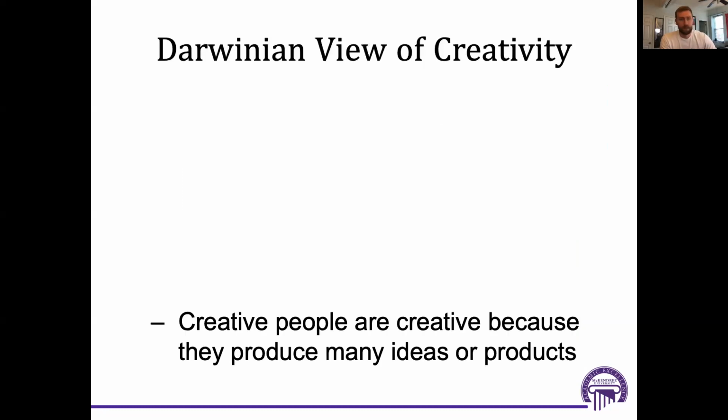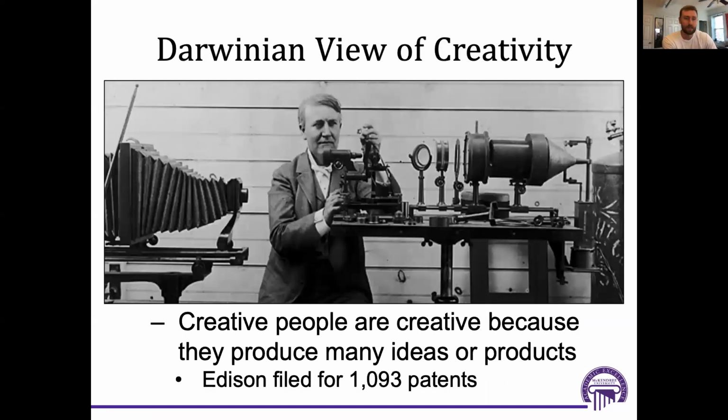Last slide. So this is kind of an interesting idea in terms of if you want to be more creative. There's an interesting idea here that creative people are creative because they produce many ideas or products. And so consider the case of Thomas Edison. He had over 1,000 patents filed. He is considered one of the best inventors of all time.